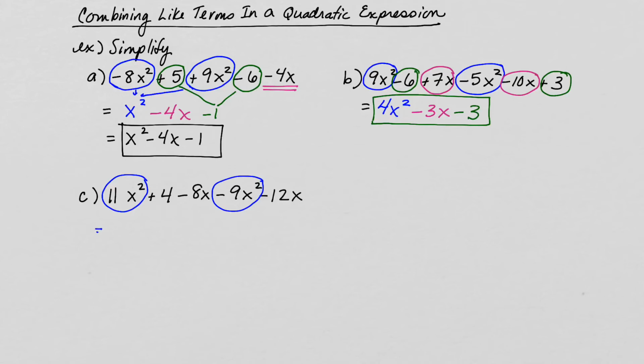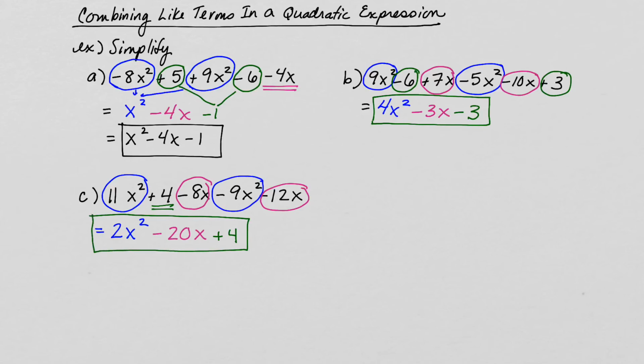And so those together, 11 minus 9 would give me 2, so I have 2x squared. If I look for the x pieces, x just to the first power, this minus 8x and this minus 12x, those go together, and minus 8 minus 12 is negative 20x. And then this 4 is the only other thing I have left over, so it's just going to be plus 4.